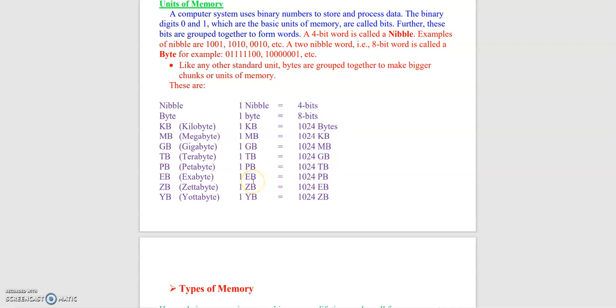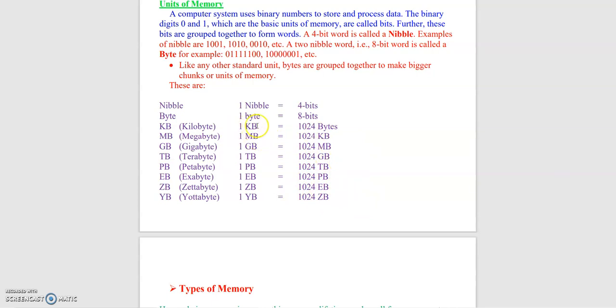Then 1 EB, which is exabyte, equals 1024 petabytes. Then we have 1 zettabyte, which equals 1024 exabytes. And then the largest unit here is 1 yottabyte, which equals 1024 zettabytes. So these are units of memory.